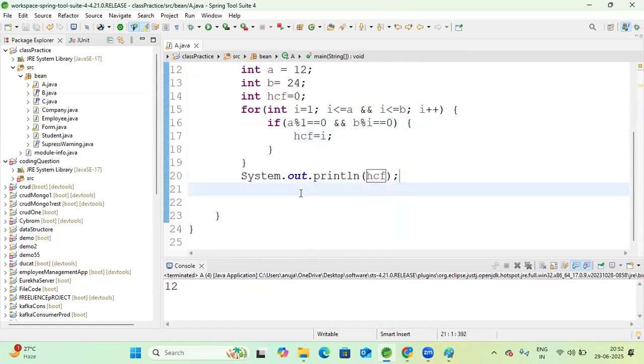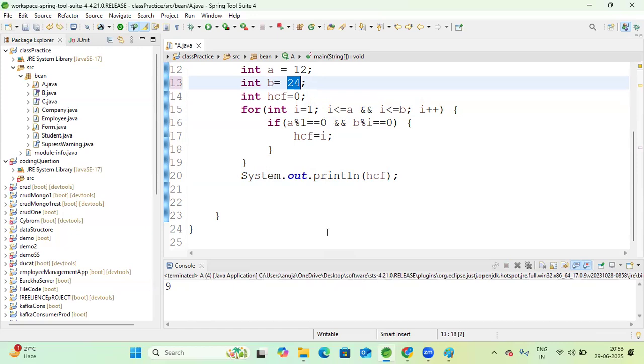Now you have to find the lowest common value. If you want to find it between 12 and 18, save, run. Now I want to find the LCM, so how will we find it?